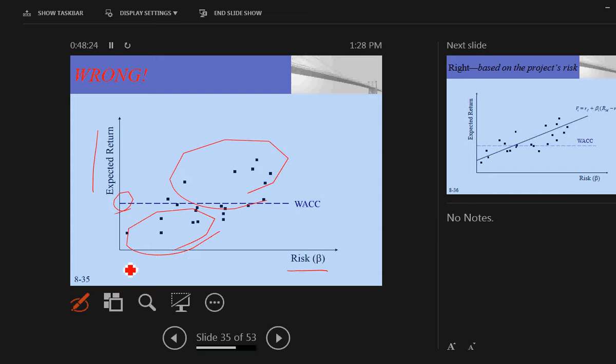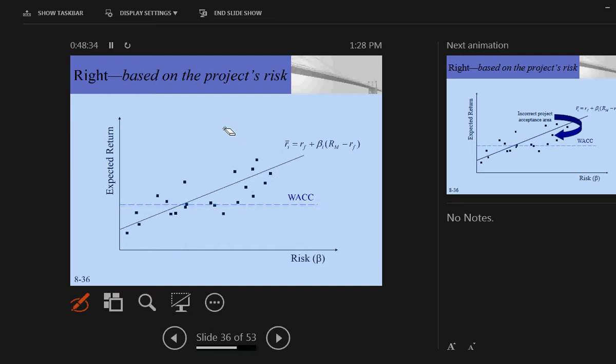So in essence, to understand why this is wrong, you can simply plot the associated security characteristic line by taking the market price of risk and the risk-free rate. These two you can find from historical data or from the available data out there, and just plug them into this formula, and then use that CAPM as a pricing model.